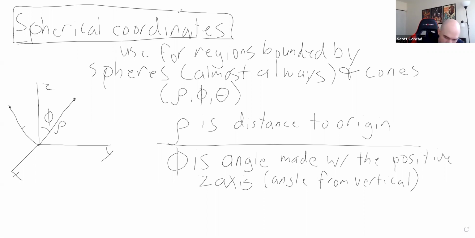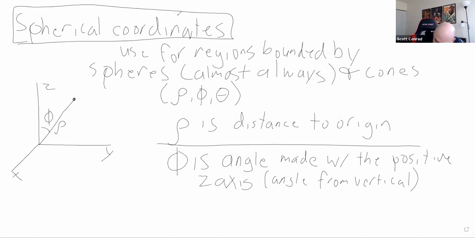So this is still the same angle phi as the other point had, even though it lies on the other side. It's the same declination from vertical. We'll look more at that as we do some examples of integration. But phi is kind of the weirdest one.